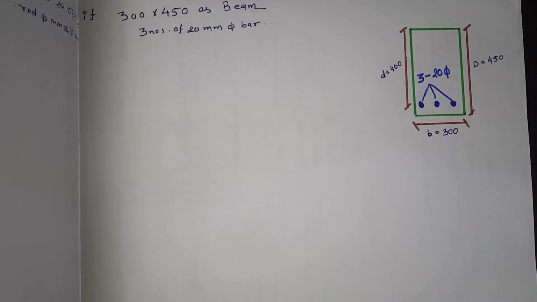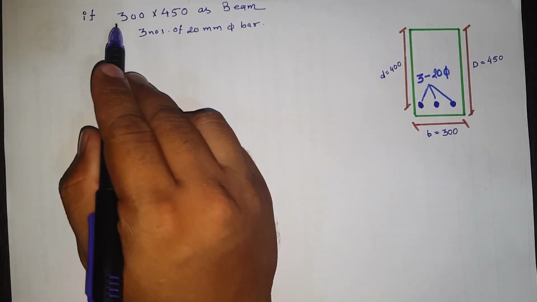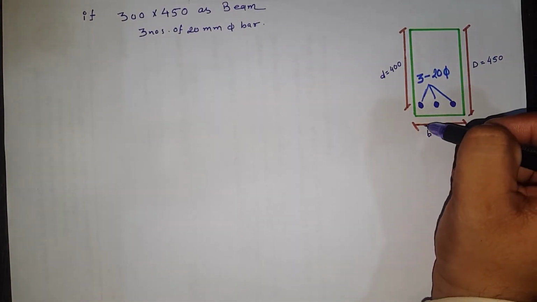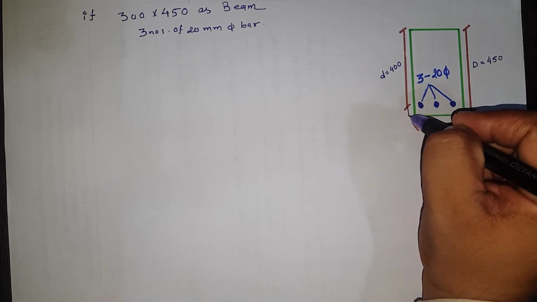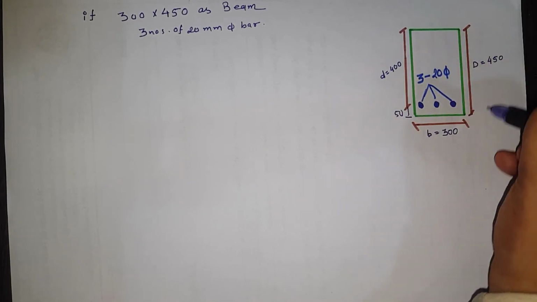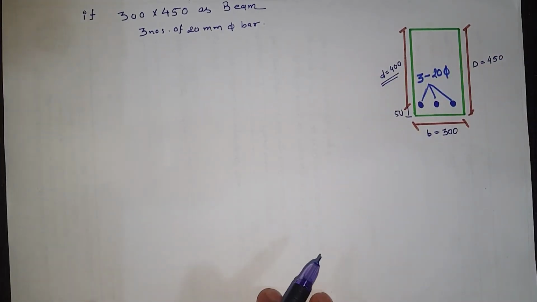Assume that the beam size is given as 300 by 450 overall depth, with 3 numbers of 20 mm bars as reinforcement. If we remove the effective cover of 50 mm from the overall depth, we have small d equal to 400.